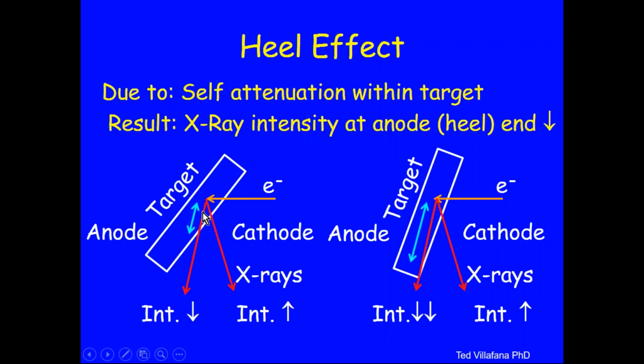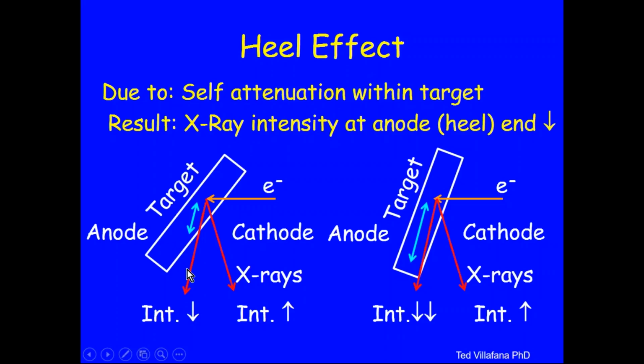Well, if the path lengths are different, that means that there'll be more attenuation of the X-rays along that path. The heel effect is due to self-attenuation within the target. Self-attenuation within the target. And there'll always be a little bit more attenuation off toward the anode side than there is toward the cathode side.